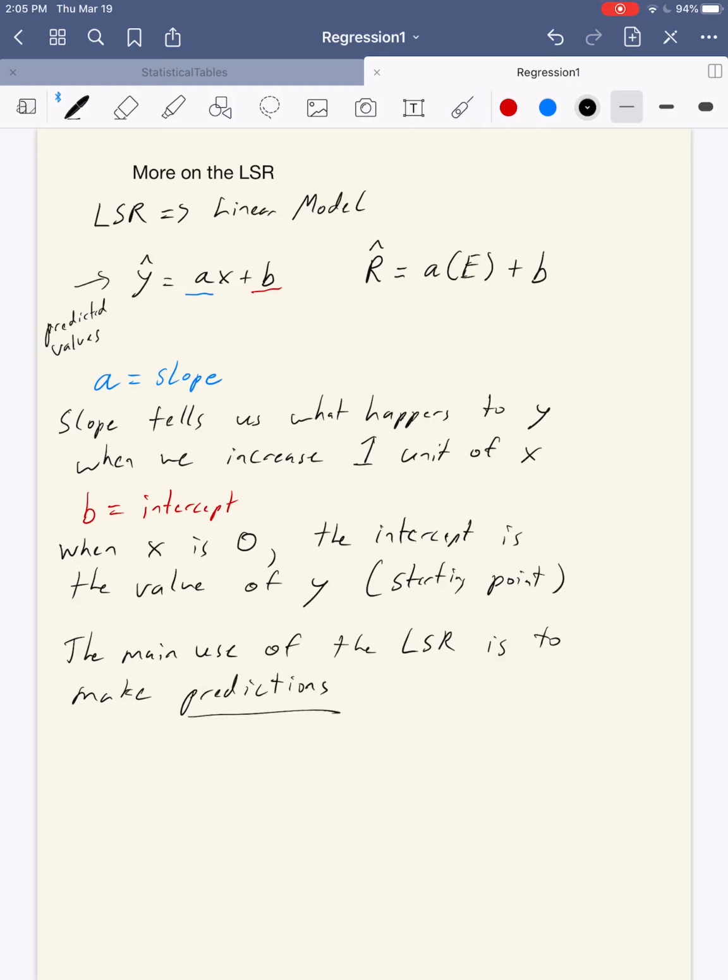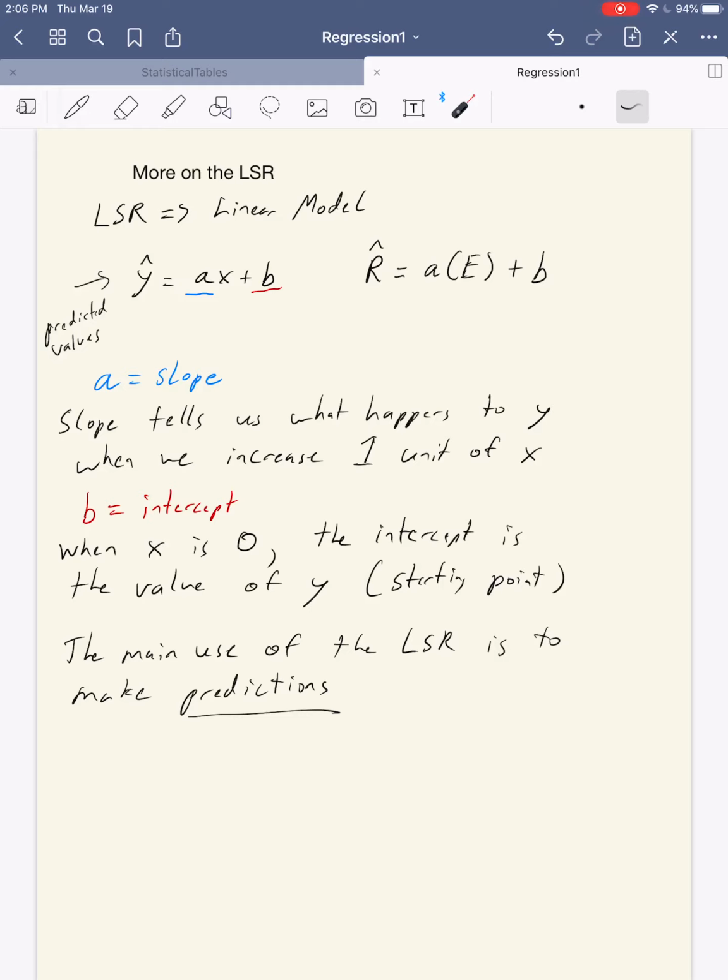What that basically is saying is that once we've built this linear model, we use it to say, okay, what if we didn't observe every possible value of the explanatory? We can still use this model to predict what will happen with the response variable based on different values of the explanatory. We're going to study this idea of making predictions a lot more in future videos, but we'll even do a basic example of it in our next example.